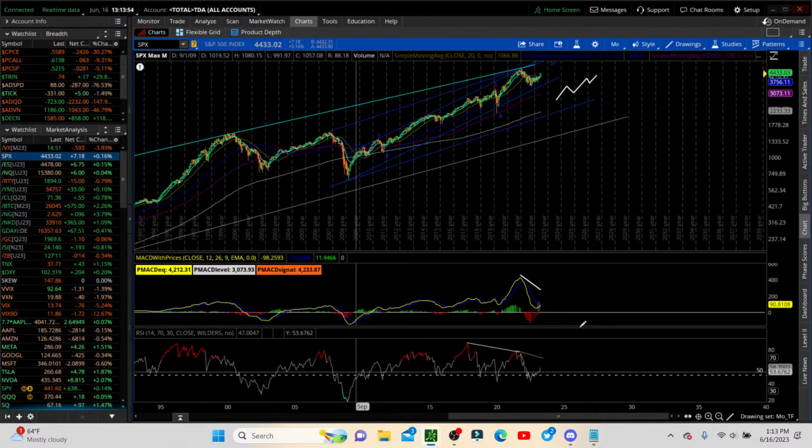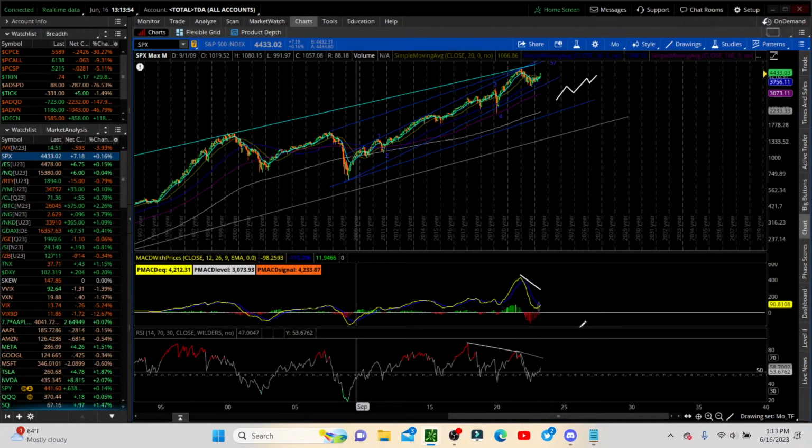But if we get the bullish scenario where we make new highs, then we should get that bullish crossover, but we're not going to make new highs on the MACD or the RSI. That's why I drew these lines out a little bit. We're going to get what's called a bearish divergence, where price is making new highs and the indicators are not, they're making lower highs.